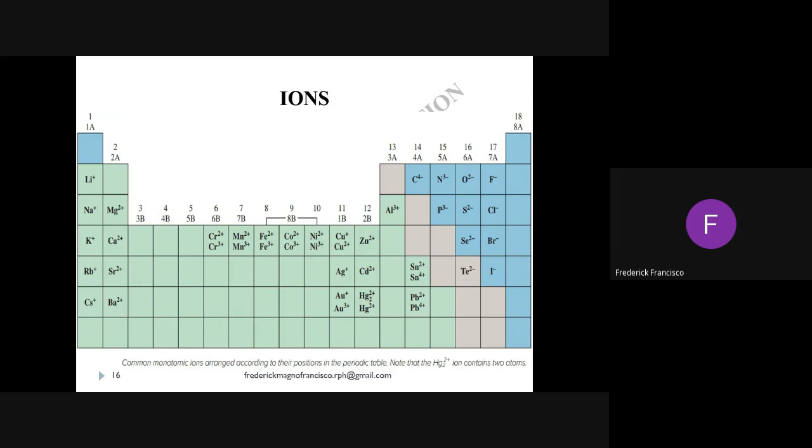For example, a sodium atom can readily lose an electron to become a sodium cation, which is represented by Na+. On the other hand, an anion is an ion whose net charge is negative due to an increase in the number of electrons. A chlorine atom, for instance, can gain an electron to become the chloride ion, Cl-.